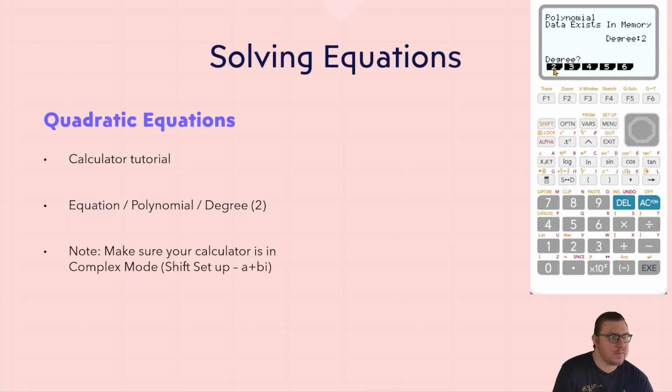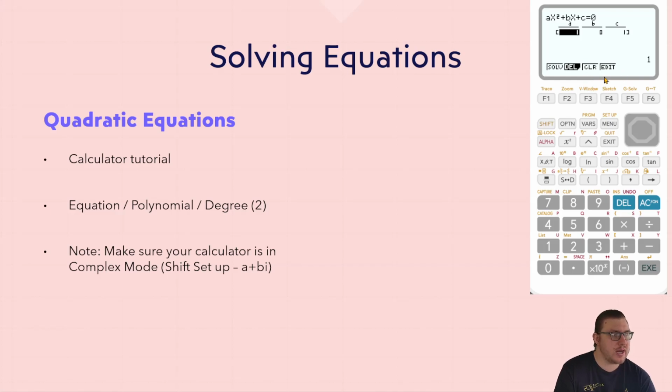So now it's asking us for the degree. Here we have to press F1, which is 2. The degree is the highest power of the polynomial. In our case, it's the squared. And we can see at the top, it will give us the equation that we're looking at. It is important that you put your equation in this form, and it has to have an equal 0 when you want to put this in.